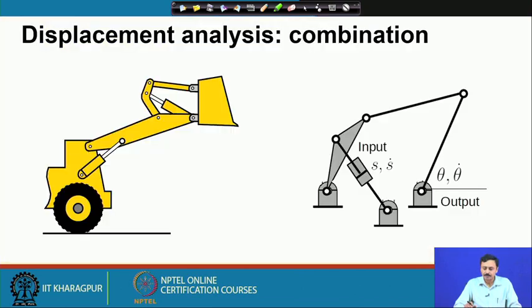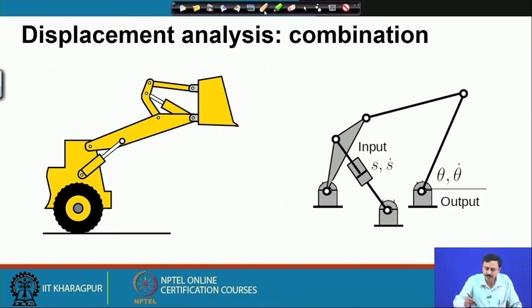The approaches that we have been discussing now can be combined to find out the velocity relations for more complicated chains. Here I have this example of an excavator.